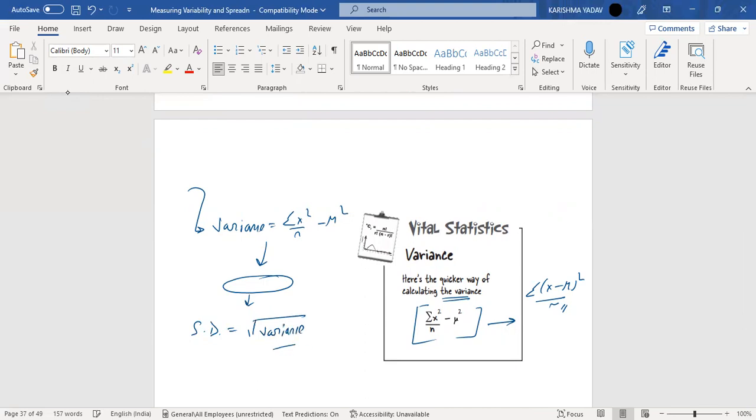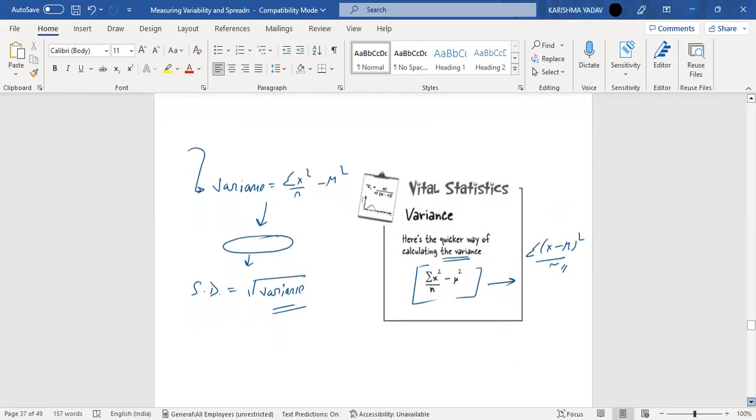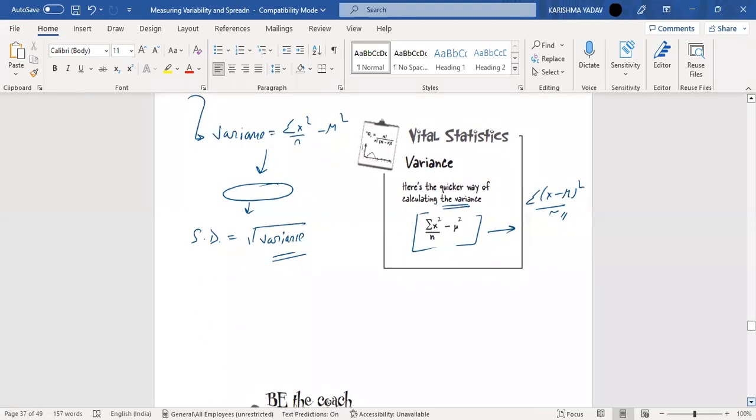By taking the root of this variance, we will get the value of the standard deviation. Like we have discussed in the previous lecture, only the formula for the variance has changed here. Okay, that's easy here.